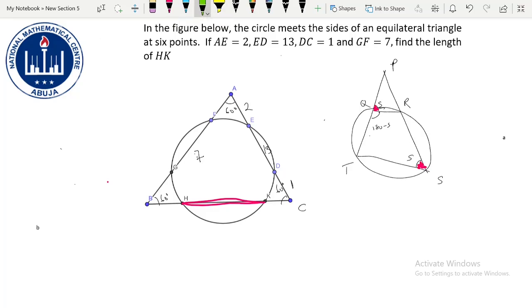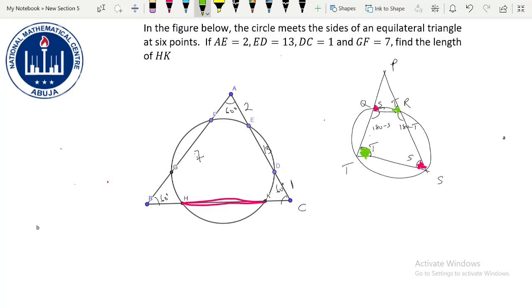Similarly, if this is T, we know this is 180 minus T. The reason is that in a cyclic quadrilateral opposite angles are supplementary. This is T, so these two in green are also equal.